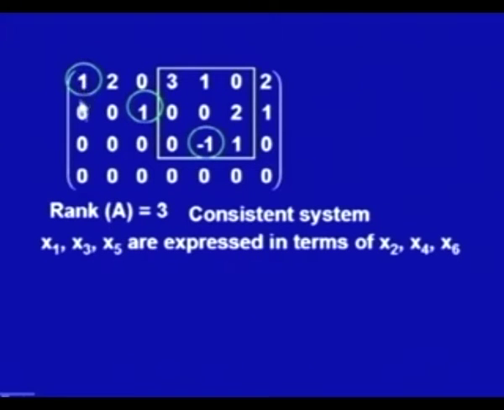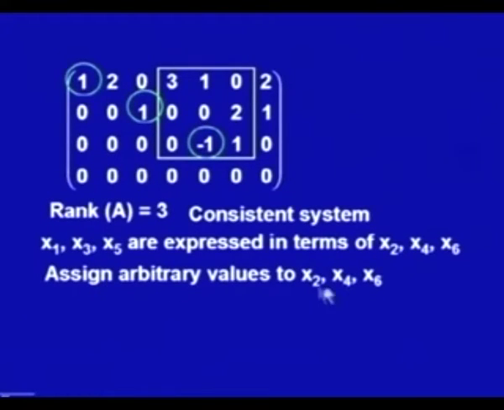This leading one is corresponding to the unknown x1, this leading one is corresponding to the unknown x3, and this is corresponding to x5. So, we can say that x1, x3, x5 are expressed in terms of the remaining unknowns, that is x2, x4 and x6.